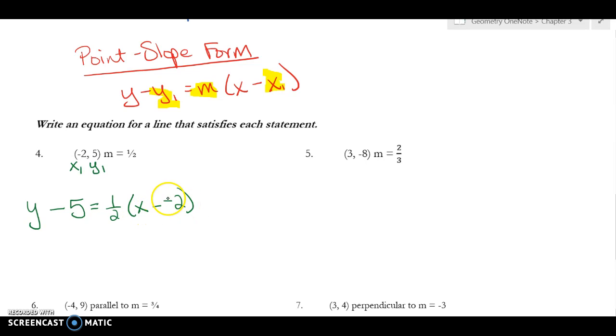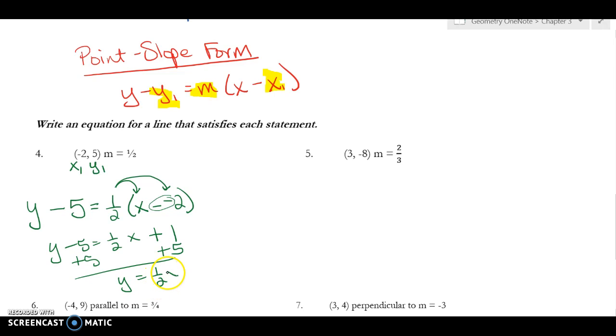Well, these are going to become positive, and I'm going to distribute. So I get y minus 5 is equal to 1/2 x plus 1, because half of 2 is 1. So now I add 5 to both sides. I have to put it with a number because it can't go with x. And so I get 1/2 x plus 6.